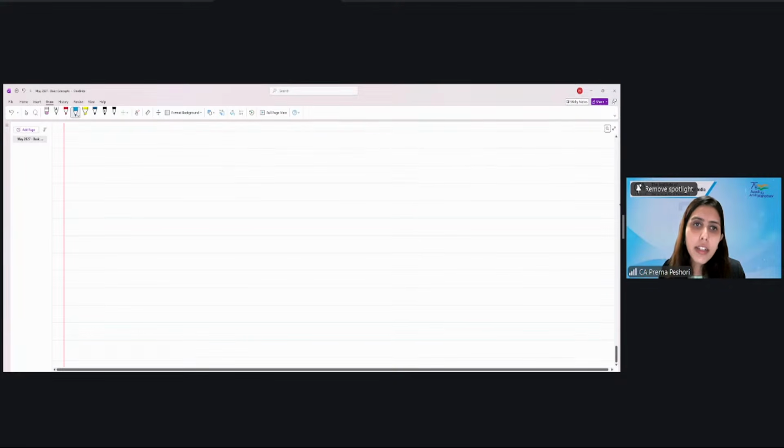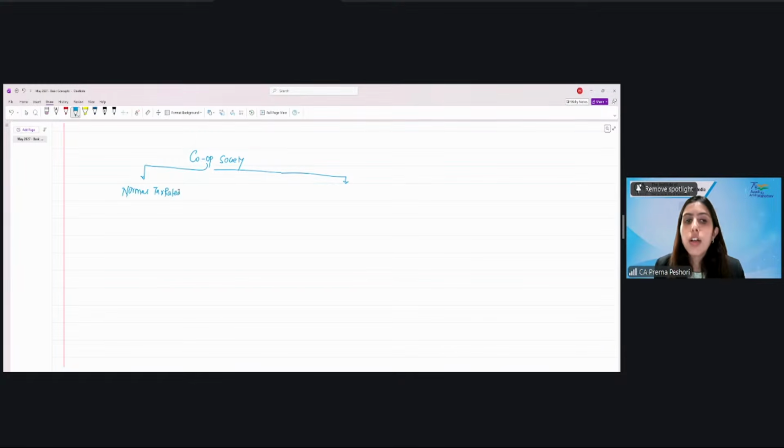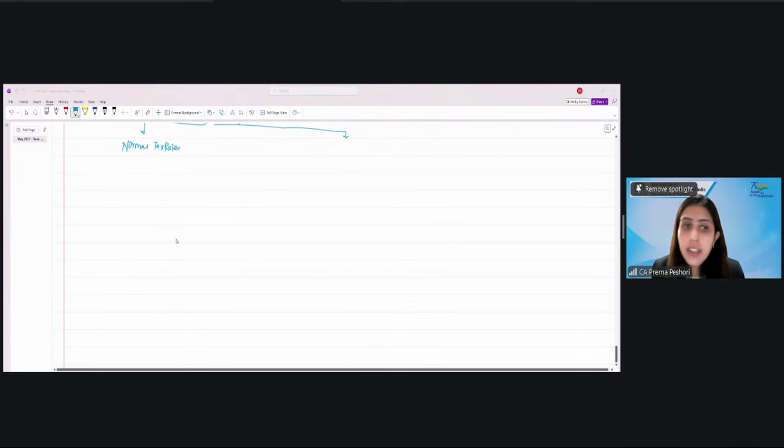So what are the tax rates for the cooperative society? Again, here there are two tax rates for the cooperative society. The first is the normal tax rates which are there. Right? The normal tax rates for the cooperative society. So, what are the normal tax rates?